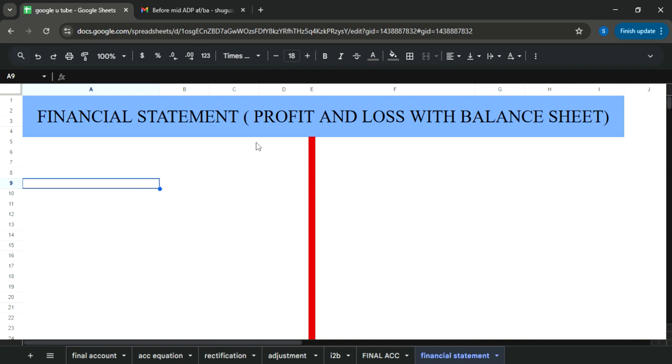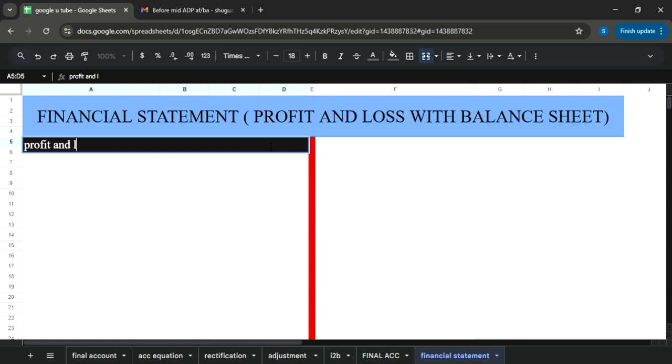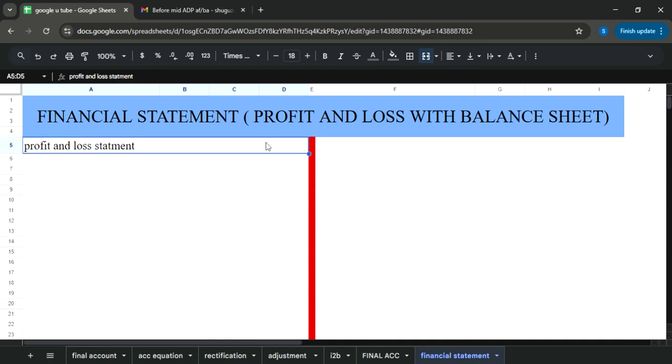This left side we will fix for the calculation of profit and loss. Here we will make the profit and loss statement. There you will calculate how much profit a firm has earned or how much loss it is facing.